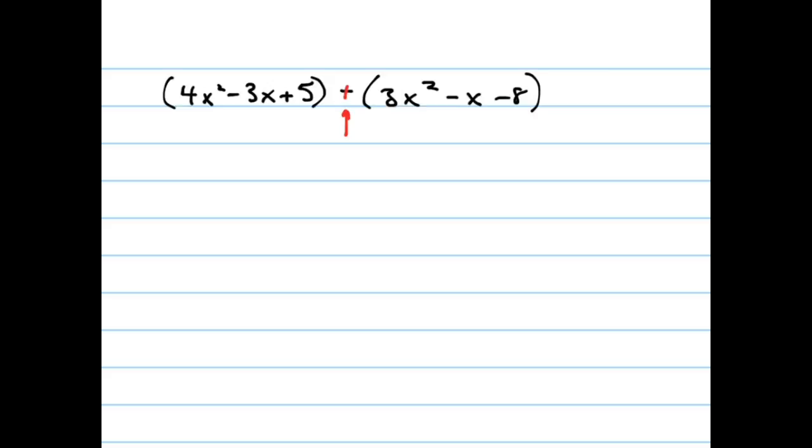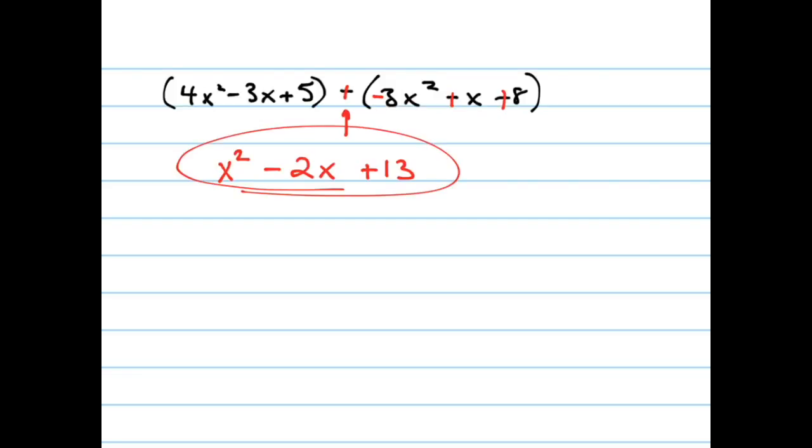So this would become positive, this would make this negative, and that would be positive, and that would be positive. And now I'm just adding the polynomials. So 4x squared and negative 3x squared is positive 1x squared. Negative 3x plus x is negative 2x. And 5 plus 8 is 13. That's just another way of looking at it.